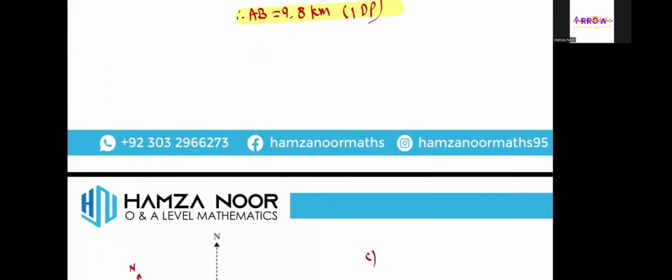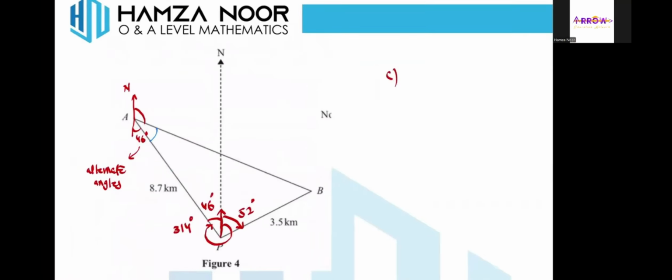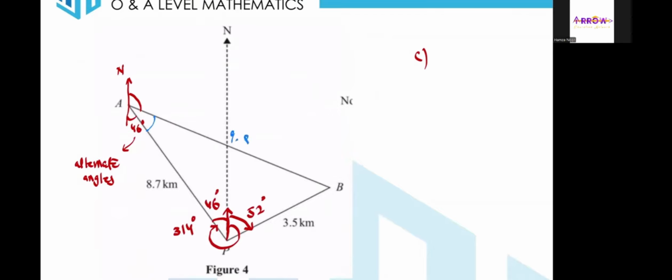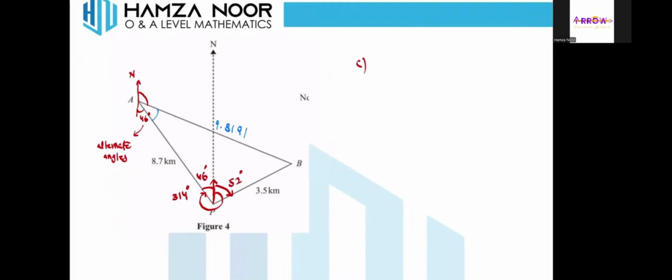Okay, so I'm going to write the value to a higher degree of accuracy as I'm going to use this value in my further calculations. And this complete angle is 46 plus 52. So obviously this angle is less than 98 degrees. Okay, but we already know that the bearing we are required to find is an obtuse angle, and the remaining two angles are acute over here. So that is basically the concept behind this.